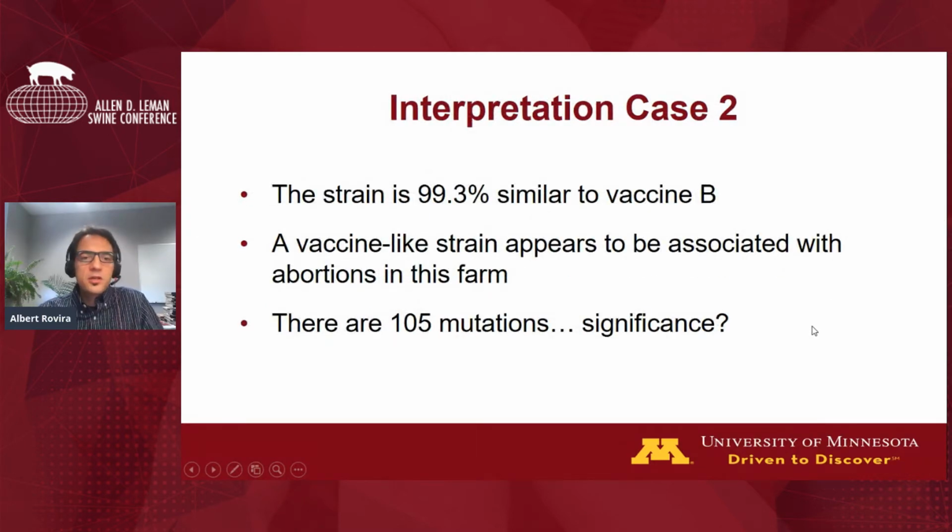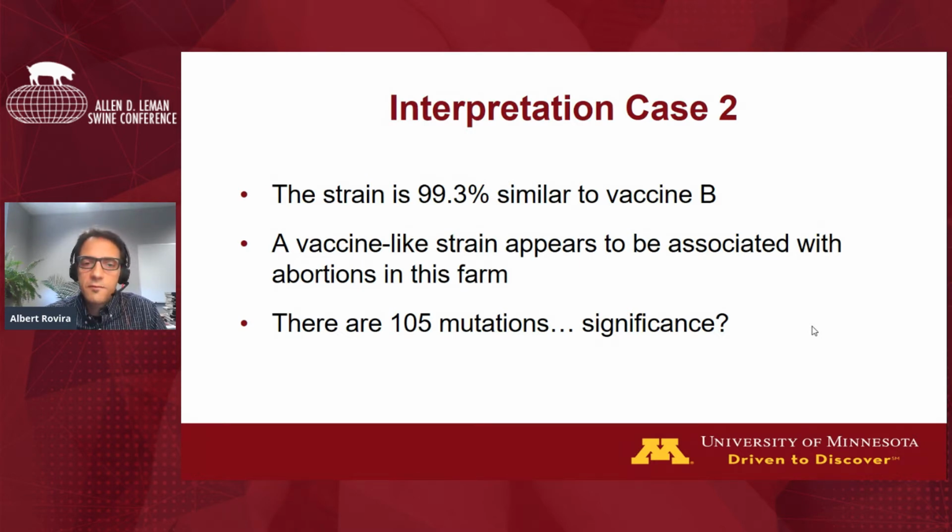So the interpretation: the strain is 99.3% similar to vaccine B. That's a result, but the interpretation here would be that a vaccine-like strain appears to be associated with abortions in this farm. Now, all the caveats that I mentioned before, for the case before, still apply to this case, even more so, perhaps, since we had 2 out of 3 pools that were positive, 1 pool was negative.